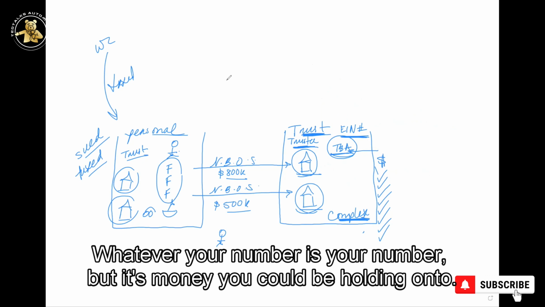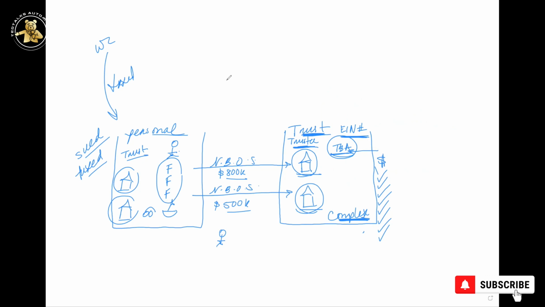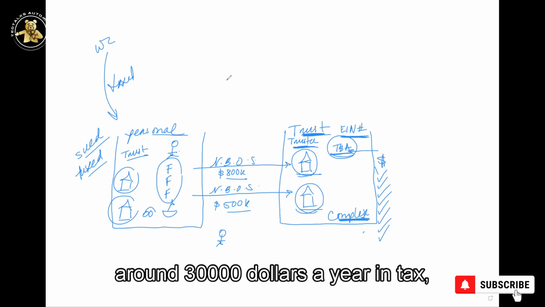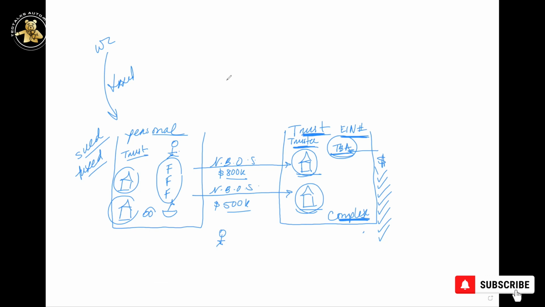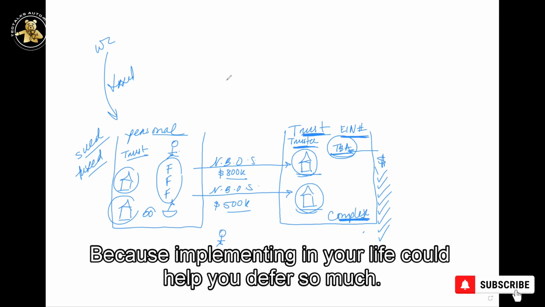Whatever your number is, it's your number, but it's money you could be holding on to. So if you find that you're paying around $30,000 a year in tax, it may be time to really explore this strategy because implementing it into your life could help you defer so much.